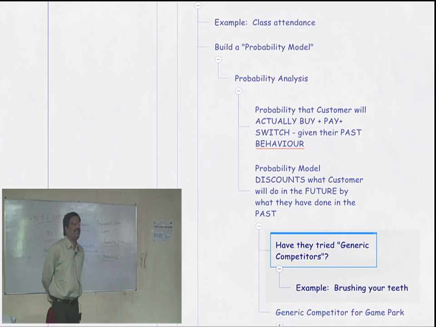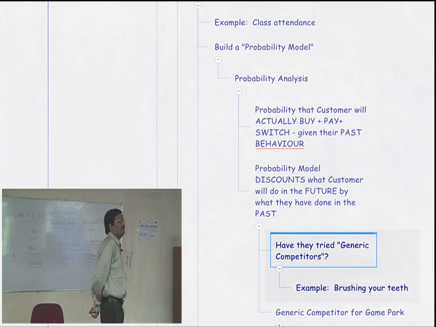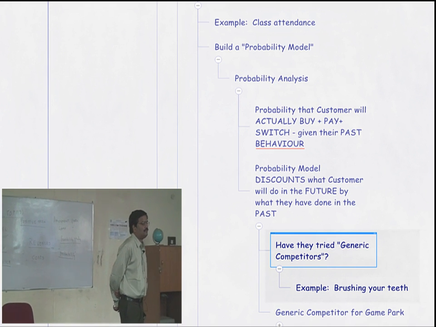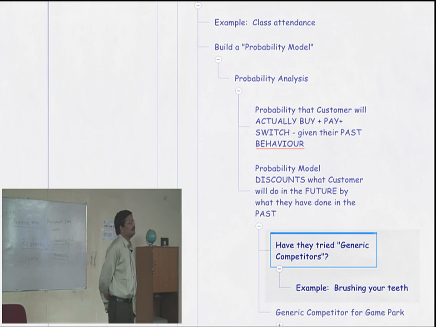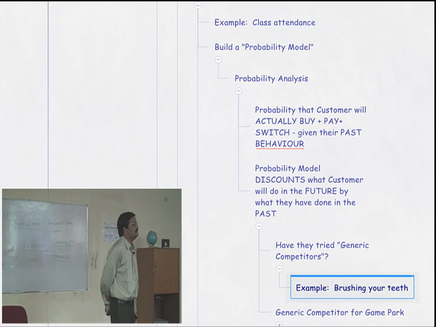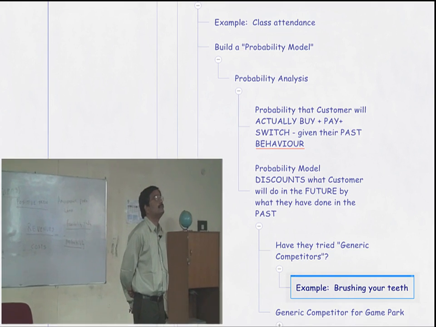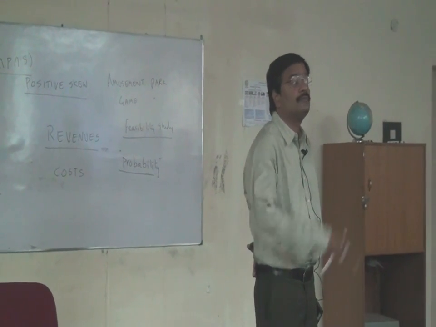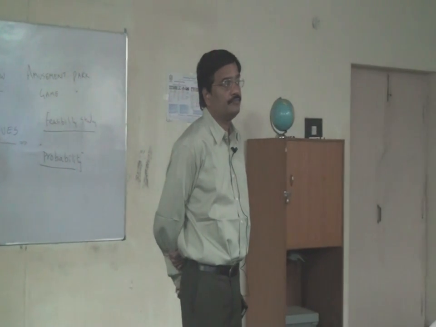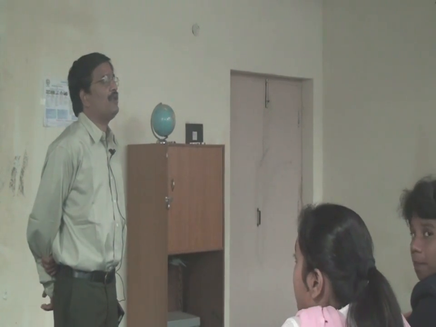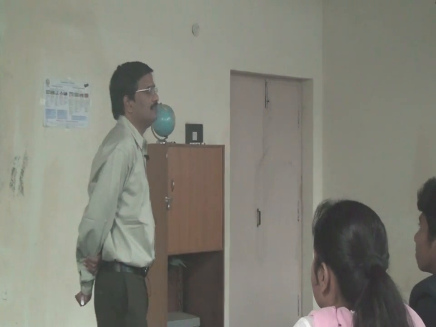What are generic competitors? What is generic competition for a toothbrush? How many ways can you brush your teeth?